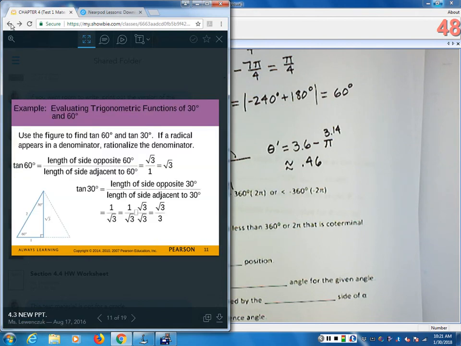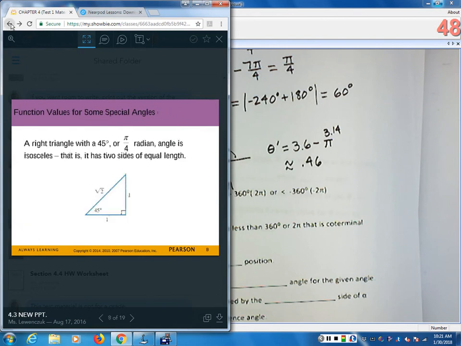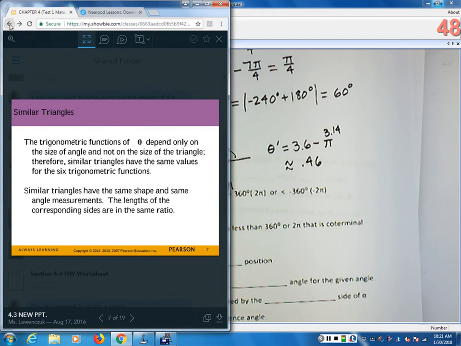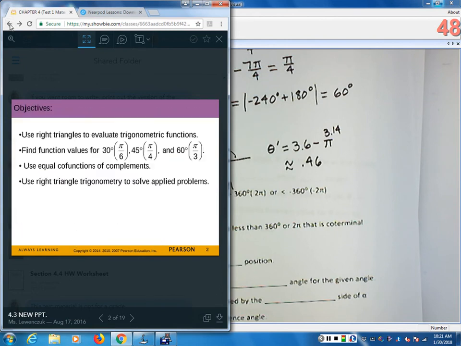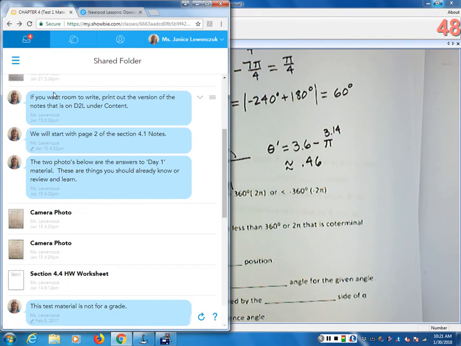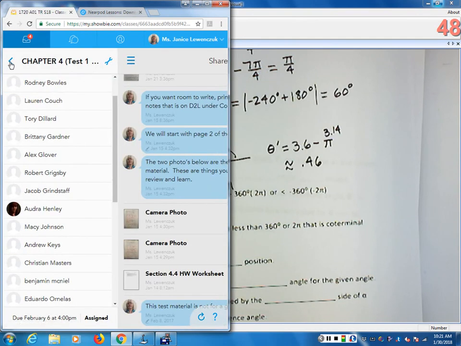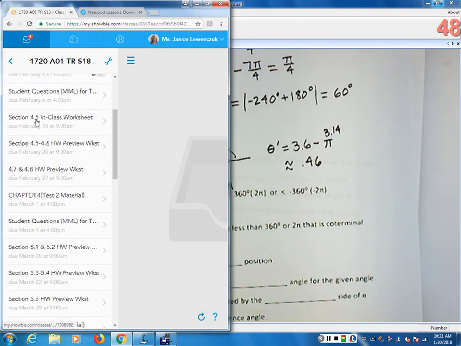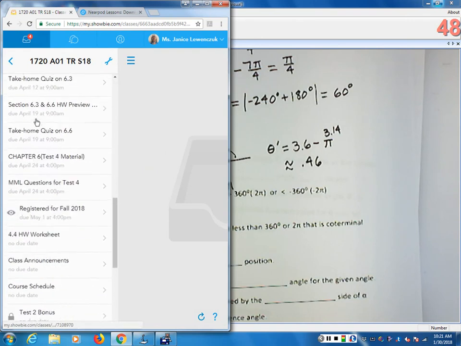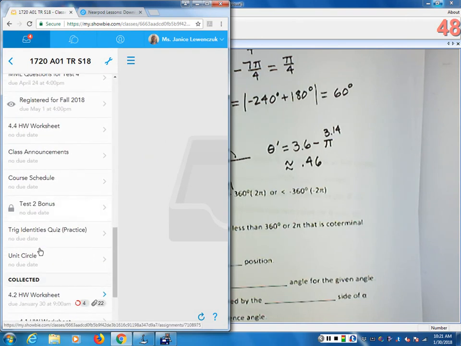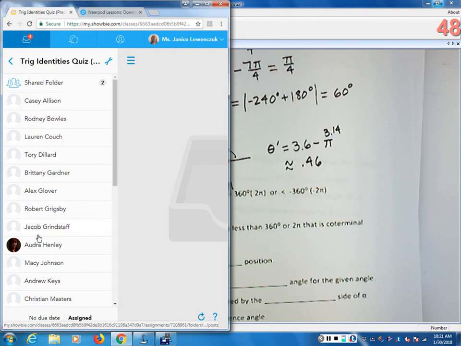I've got the exact quiz posted. So if we go all the way down, trig identity quiz practice.